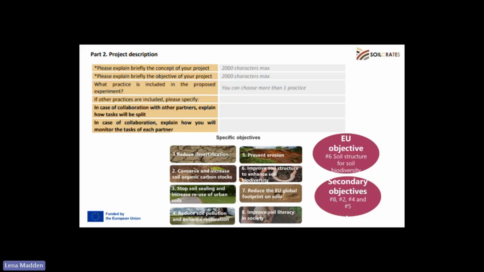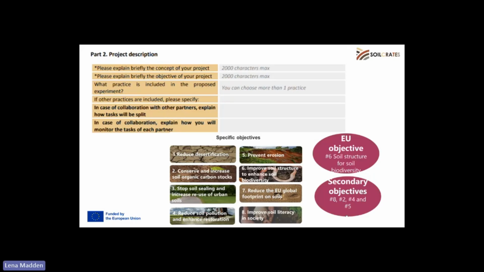If more than one practice is used, please specify. And in case of collaboration with other partners, explain how tasks will be split. For instance, in our expression of interest, out of 31 expressions of interest that were received, 13 would like to try biochar.